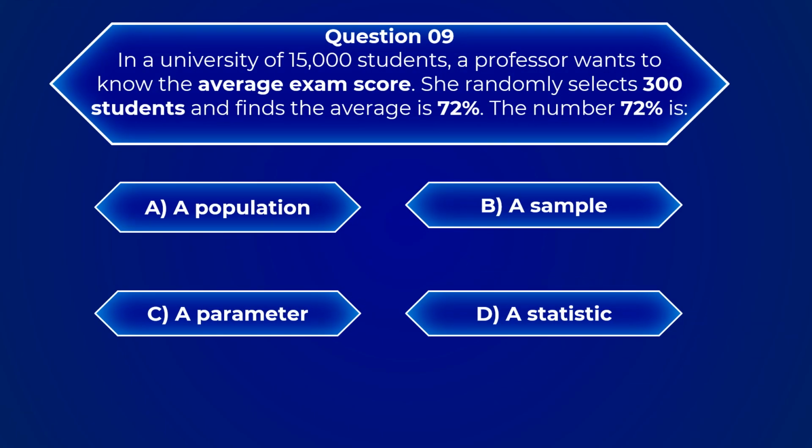Question 9. In a university of 15,000 students, a professor wants to know the average exam score. She randomly selected 3,300 students and finds the average is 72%. The number 72 is answer A, population, answer B, sample, answer C, parameter, the answer D, statistic.